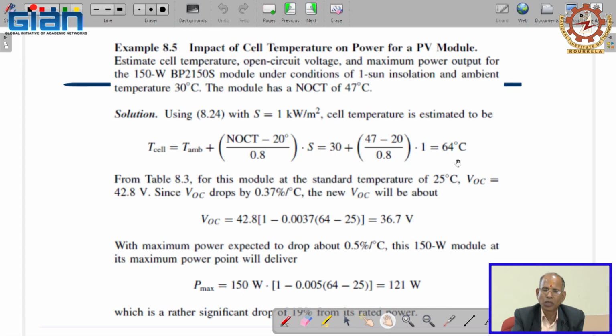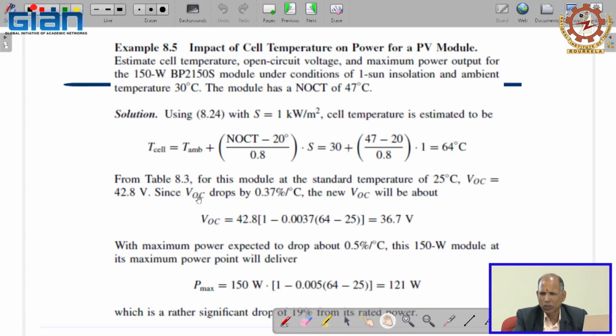How will the VOC and current change? For this module at standard temperature of 25, VOC is given in the table.